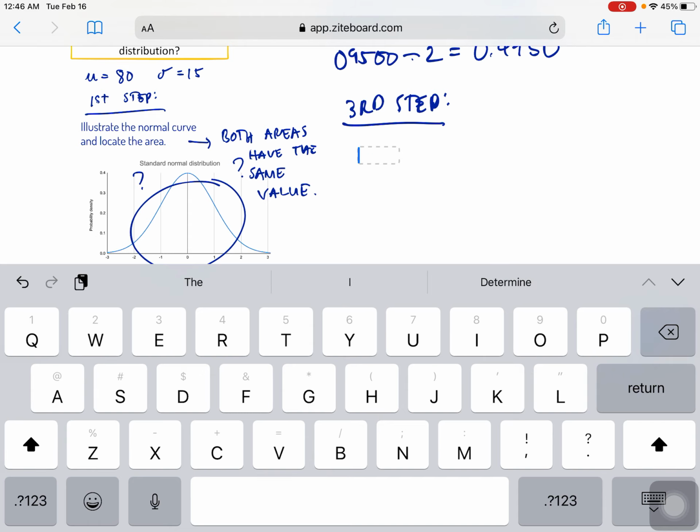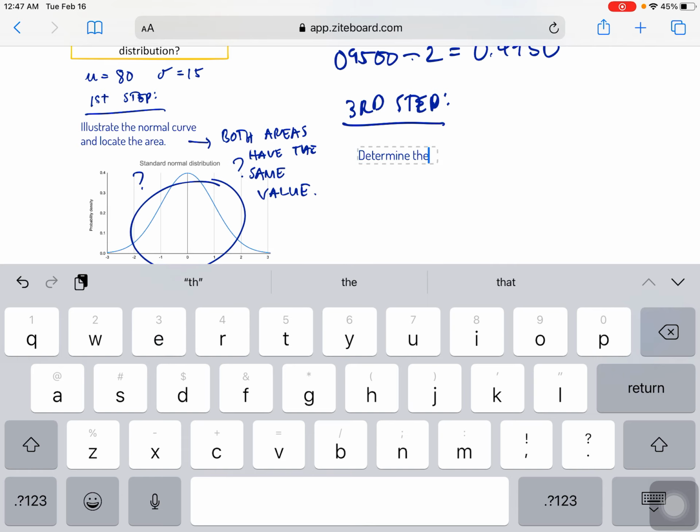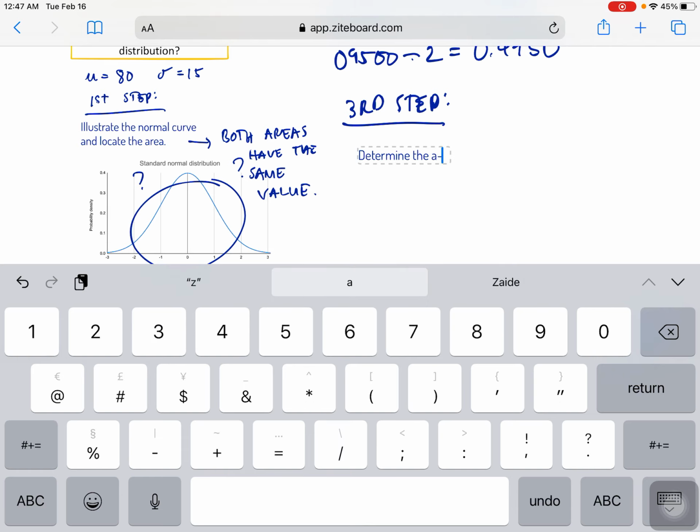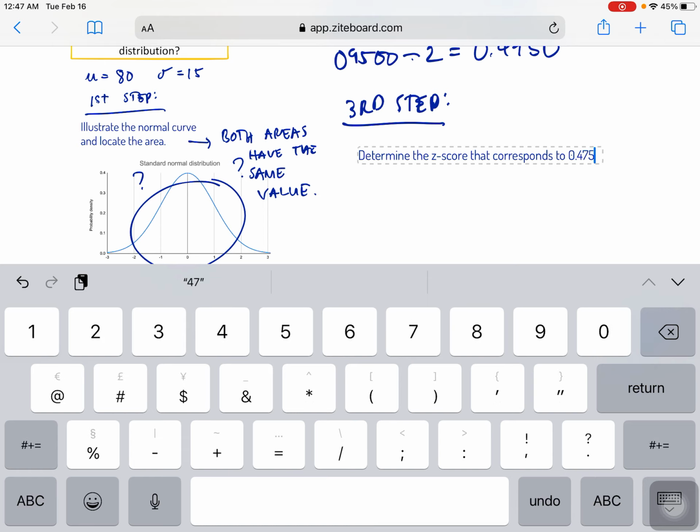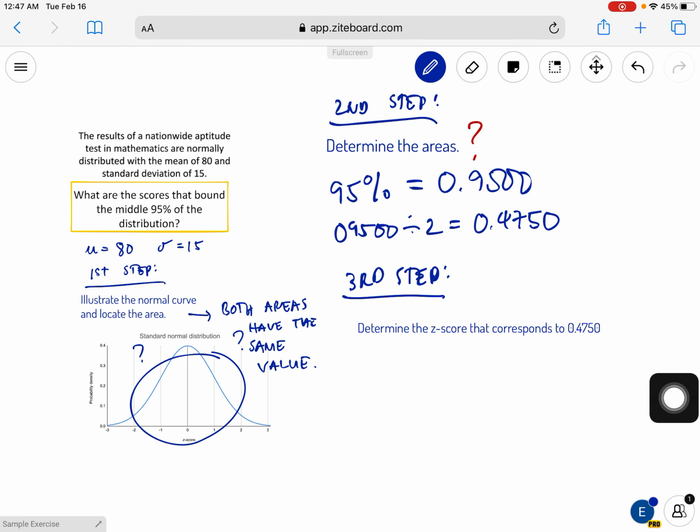Determine the z-score that corresponds to 0.4750. So that's our third step.